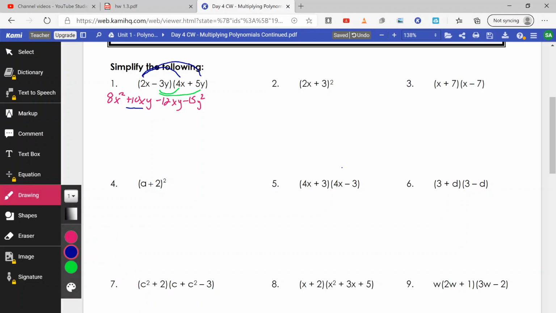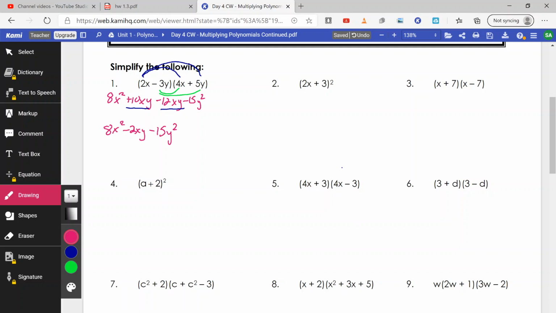Notice we have xy, xy. We can combine them because they are the same thing. X times y, x times y. So we have 8x squared, 10xy minus 12xy gives me minus 2xy, minus 15y squared.